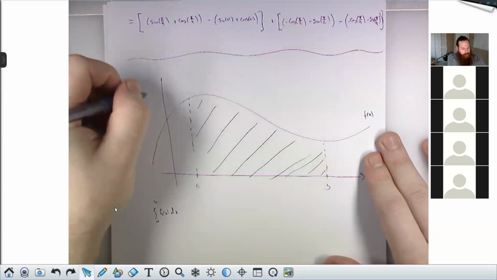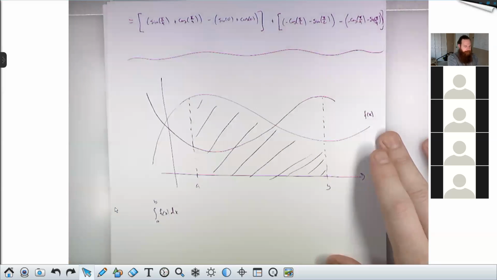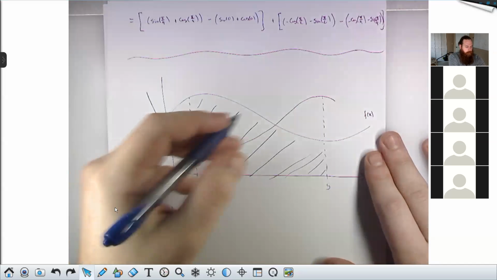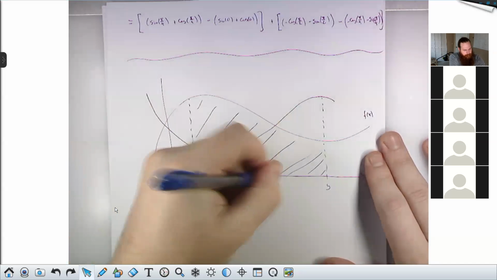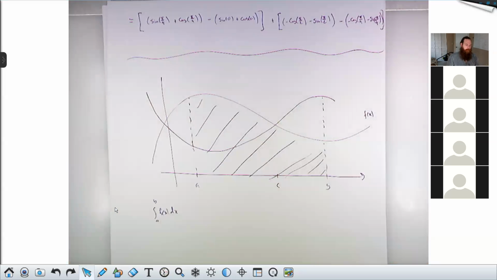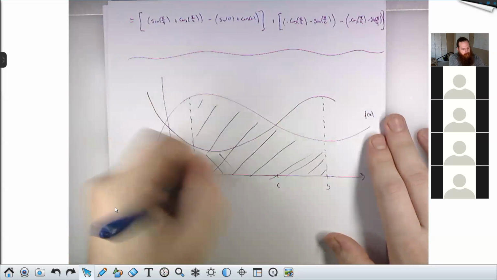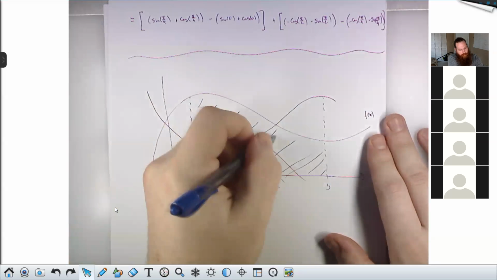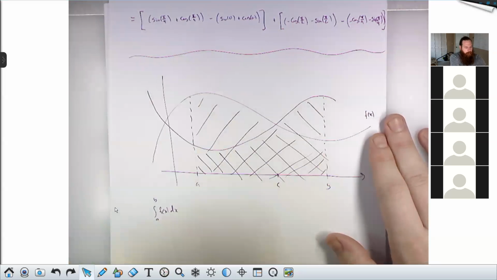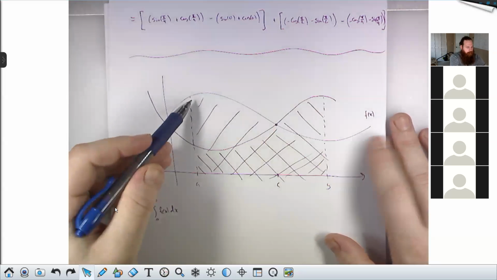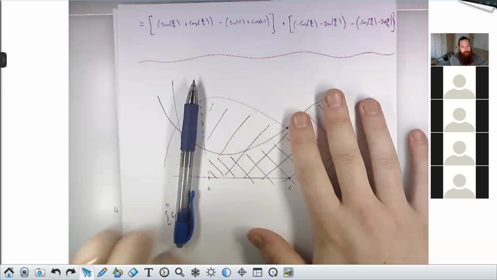If I toss in g, the integral of g, well, let's see. So here's my c. So if I integrate f from a to c, I would get the area that is cross-marked like this.